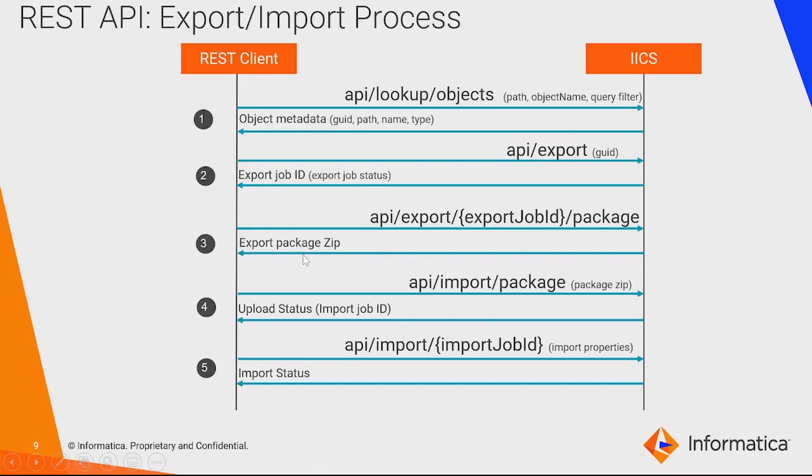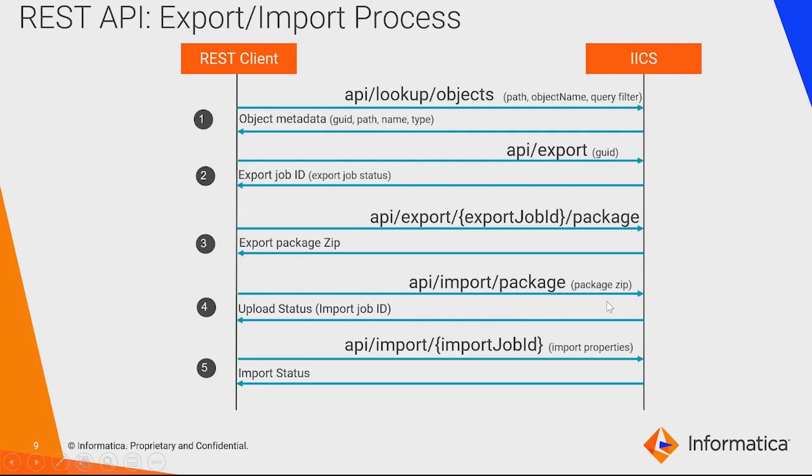In between, you can have a version control process, which we have not depicted in this diagram. You will have Git, or external version control, check-in and check-out process. Once the testing is done, then you move into the import process of the API. On the import side, you have the import API, and same way you refer to the package API for import, and then you provide the package file name.